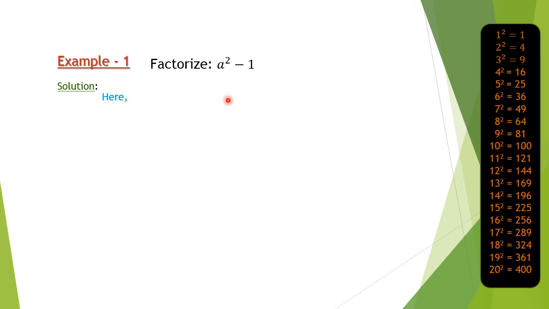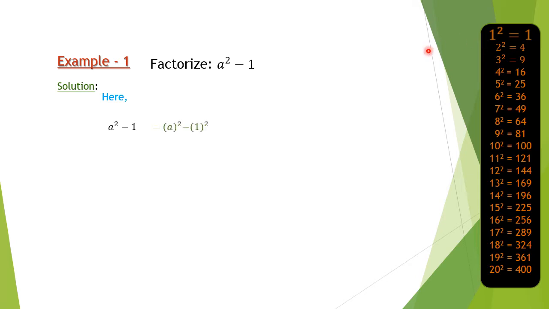First we have to remember what we are doing. We are just trying to create a difference of squares. Now here a square is already in the form of a square, but 1 is not in the form of a square. You can see on the right side of your screen, 1 is the square of 1. So instead of 1, we write 1 square.